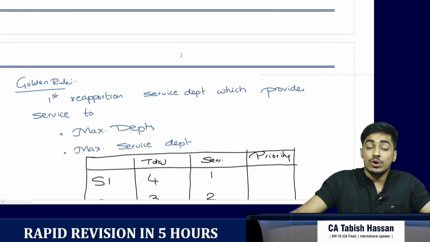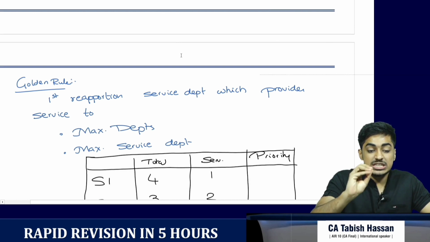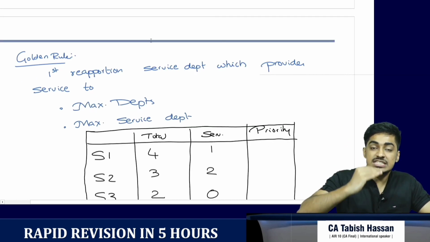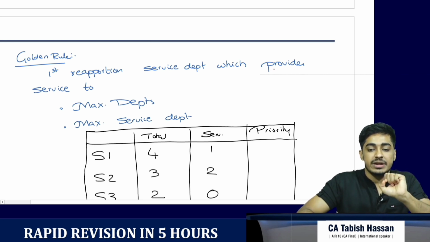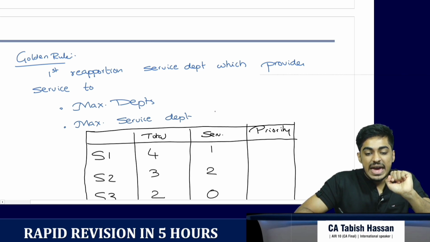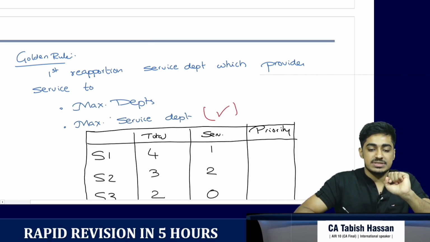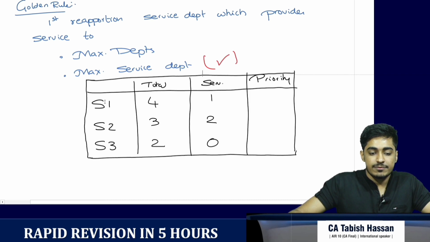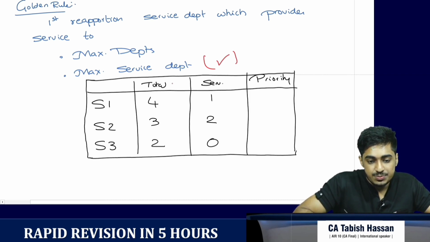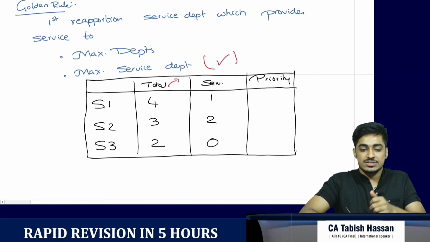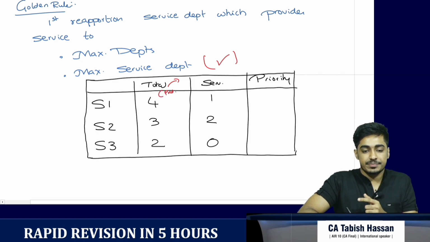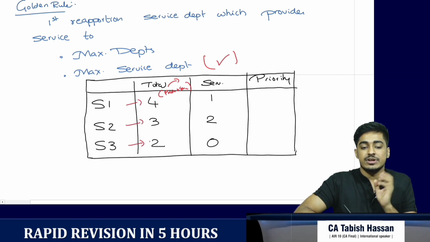So we have a golden rule for the non-reciprocal or step ladder method. On what basis should we reapportion the cost of service departments? First, reapportion the service department which provides service to the maximum number of service departments. Let's see it with an example. We have 3 service departments, S1, S2, S3. The total departments to which each is providing services, production plus service together: S1 is giving to 4, S2 is giving to 3, S3 is giving to 2.